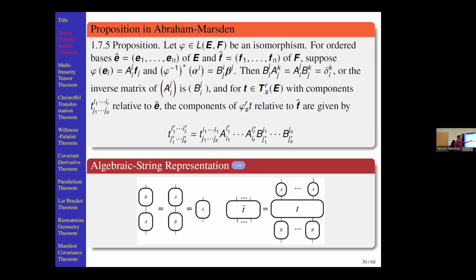This goes from T1, I1 to I, oh, that should be IN there, and J1 to JS. That's an ordering. And so you can't just arbitrarily rearrange these algebraic string diagrams. You have to keep in mind some ordering.